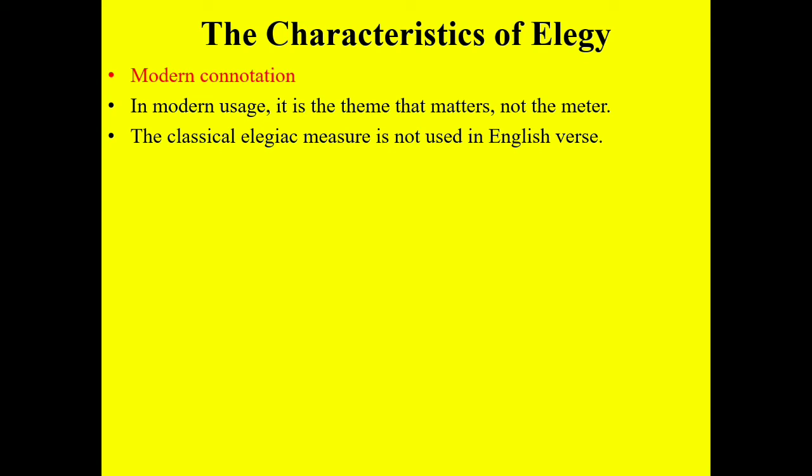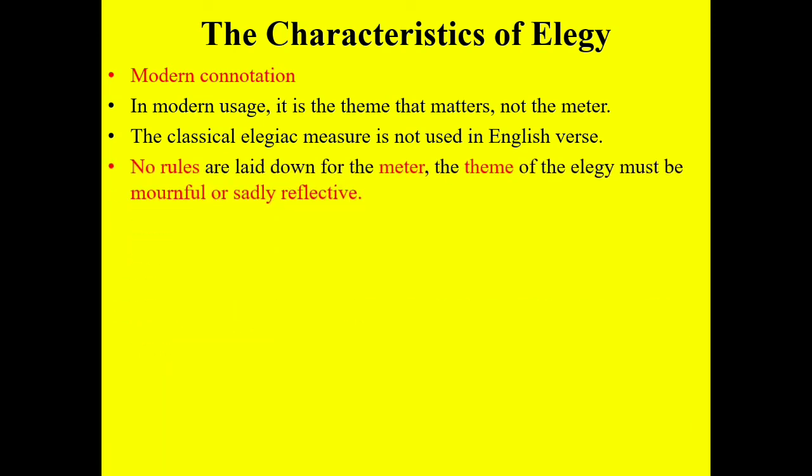You can see the classical elegiac measure is not used in English verse. So what was used in English verse? It is the modern connotation, right? So they have given importance to the subject matter instead of the meter. So there are no particular rules laid down for the meter in modern elegy.